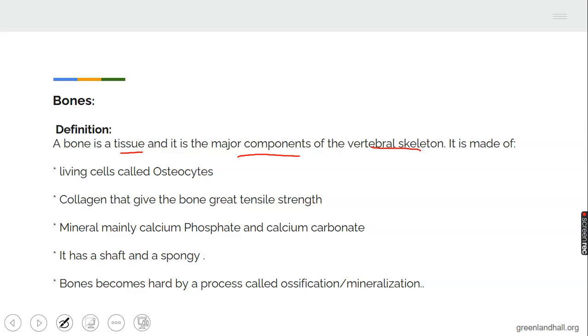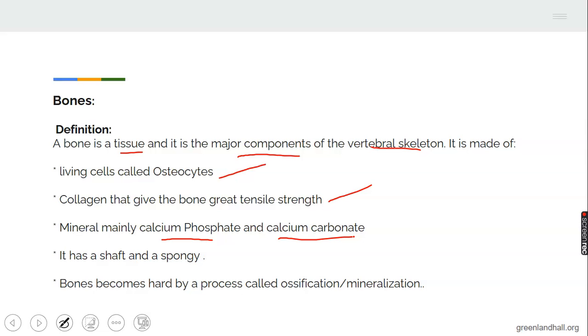It is made up of the following materials: living cells called osteocytes, collagen that gives the bone strength, and minerals such as calcium phosphate and calcium carbonate.